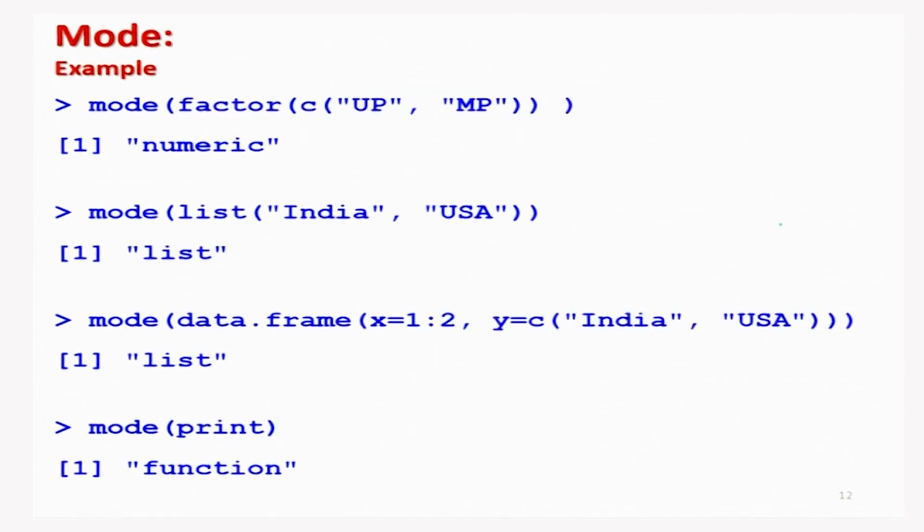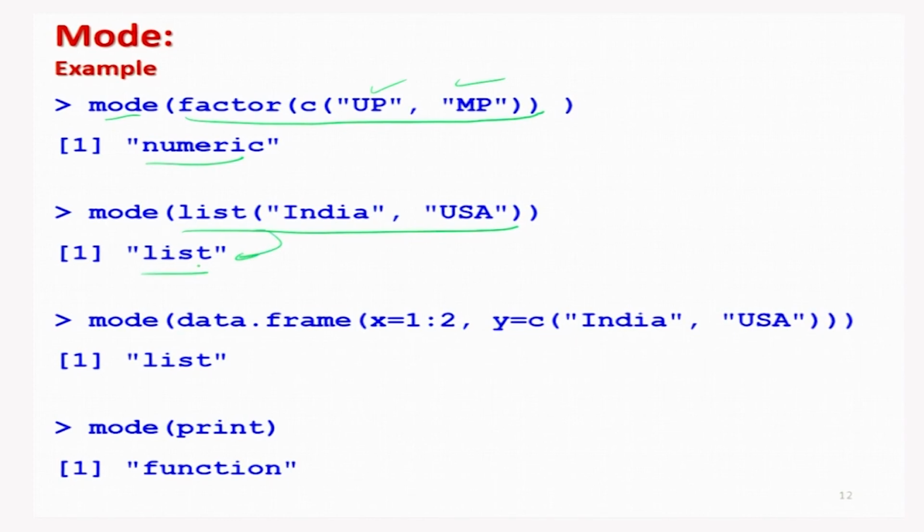And similarly, if you try to take the factor of characters like UP, MP, then its mode comes out to be numeric. And if you try to consider here a list, say India and USA, there are two strings, two characters, then its mode will also come out to be list.